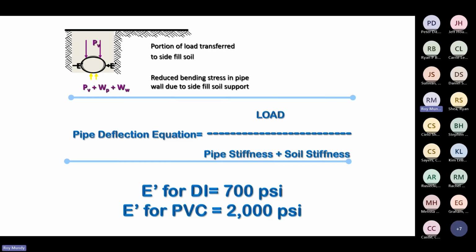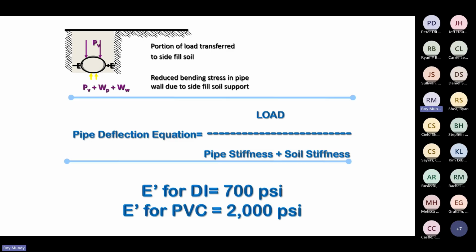So if the load is consistent on a particular pipe, then that pipe deflection is dependent on two things. If you have a stiff pipe, you need less soil loading or less soil stiffness. If the pipe is not that stiff, then ultimately you need more soil stiffness.